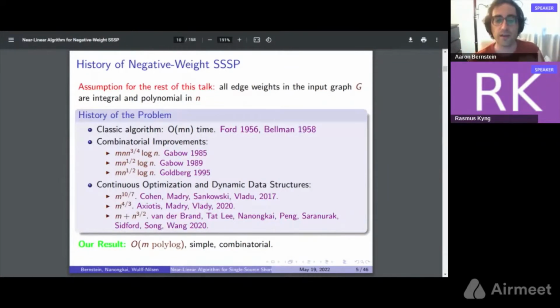Or is it possible to make progress using more standard, simpler combinatorial approaches? We answer both of those in the affirmative. We show an algorithm that's near linear and follows the more basic combinatorial tools of the 90s.